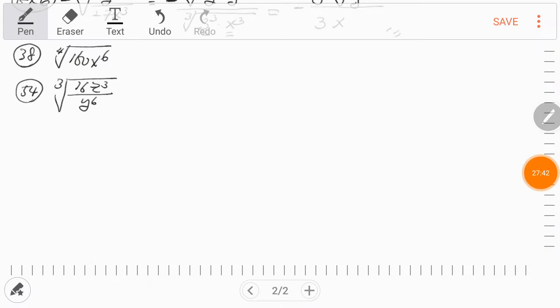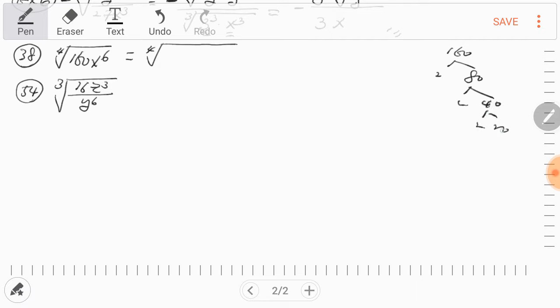Okay, let's do some exercises also. Number 38, the index is 4, so let's try to make the inside a product of some 4th powers and other factors. Okay, 160. Let's find the factors. Separate this into factors. So 2 times 80. 80 is 2 times 40. 40 is 2 times 20. 20 is 2 times 10. 10 is 2 times 5.